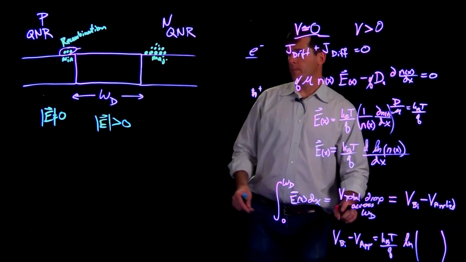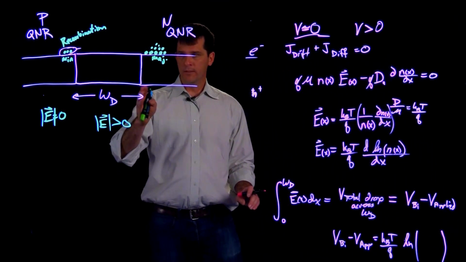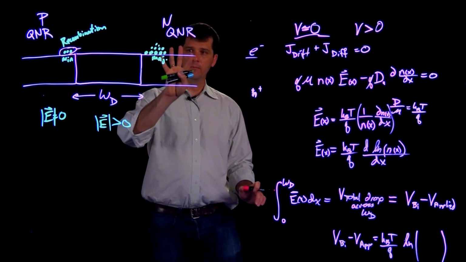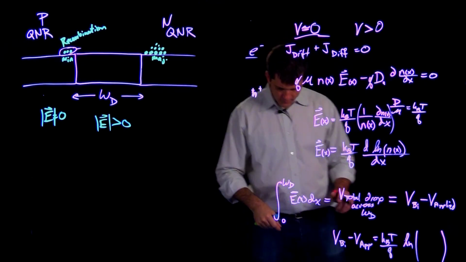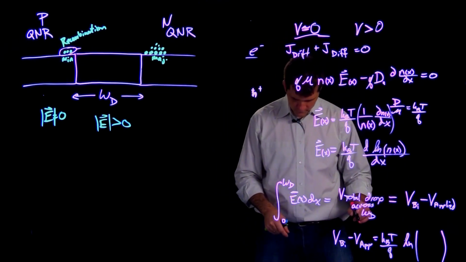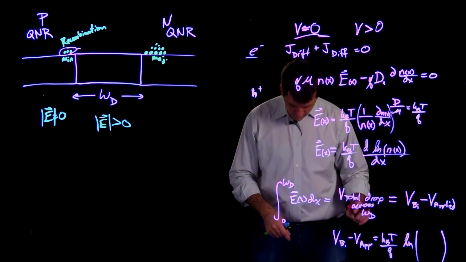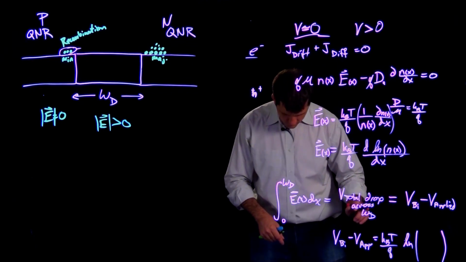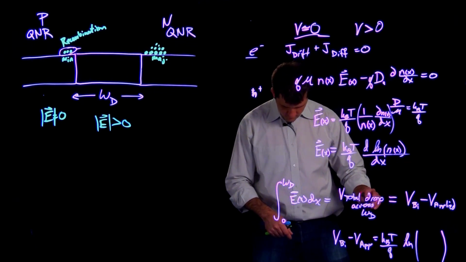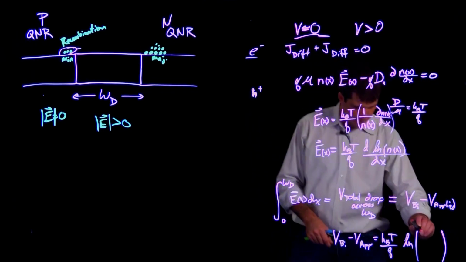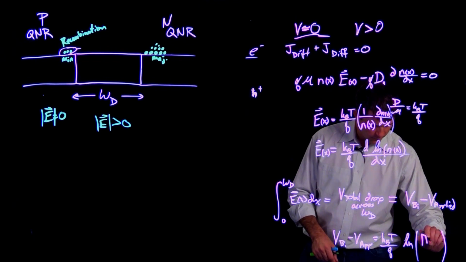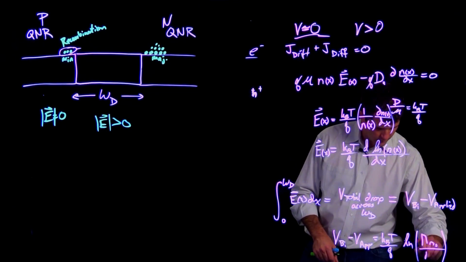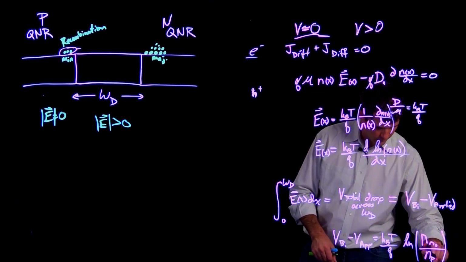So at the one edge of the depletion width, it's going to be the majority carrier concentration. At the other, it's going to be the minority carrier concentration. And so we can write these as the N on the N-type side over N on the P-type side.